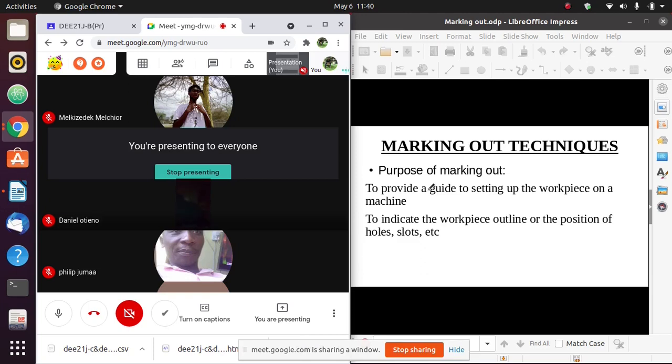I will draw a point on that circular pipe, such that when I put that pipe into the lathe machine, I know this is the point I should reach. If I'm cutting, I should not go beyond that point. So I'm providing a guide when setting that workpiece onto a machine. So those are the two major purposes of marking out.